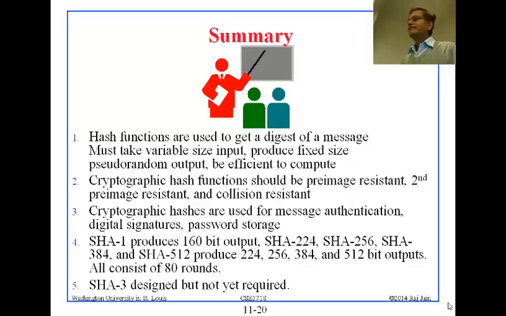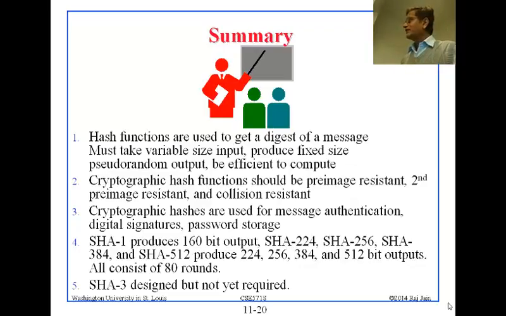There are 3 things that you have for a hash: the output size, the input size, and the word size. So SHA-1 uses 160 bits for the output, the word size was 32, and the input size was 512.